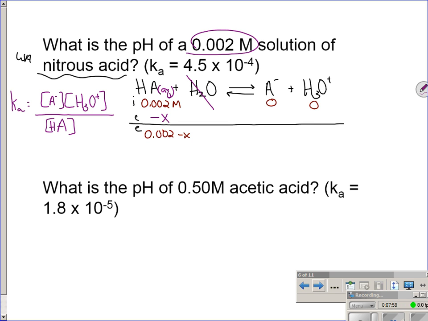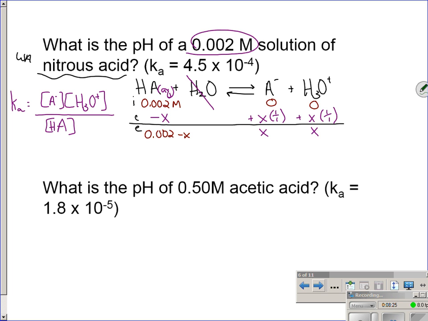Now, I know that according to the stoichiometry, if that goes down by x, this goes up by x times the mole ratio, 1/1. And this goes up by x times the mole ratio, 1/1. So at equilibrium, the concentration of A minus, in this case that would be the nitrite ion, is x. And for our hydronium will also be x.